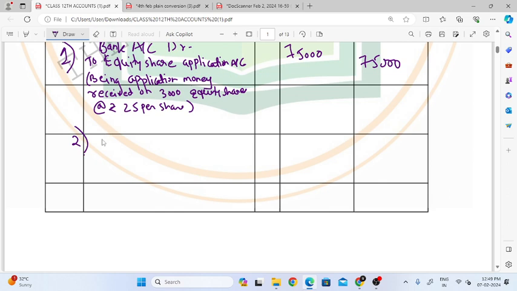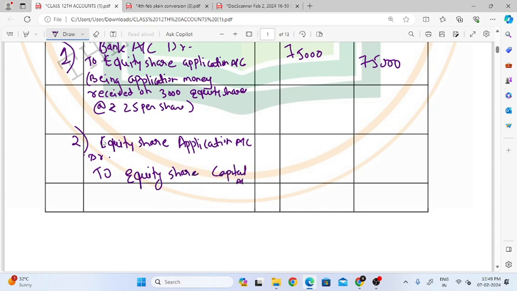Second, you have to transfer this to the equity share capital account. So equity share application account debit to equity share capital account, which will give you the same 75,000.